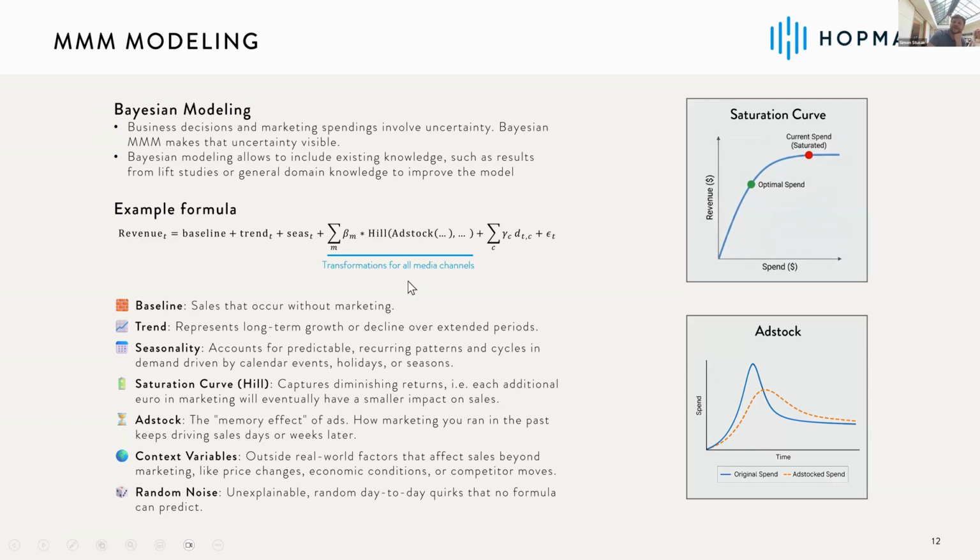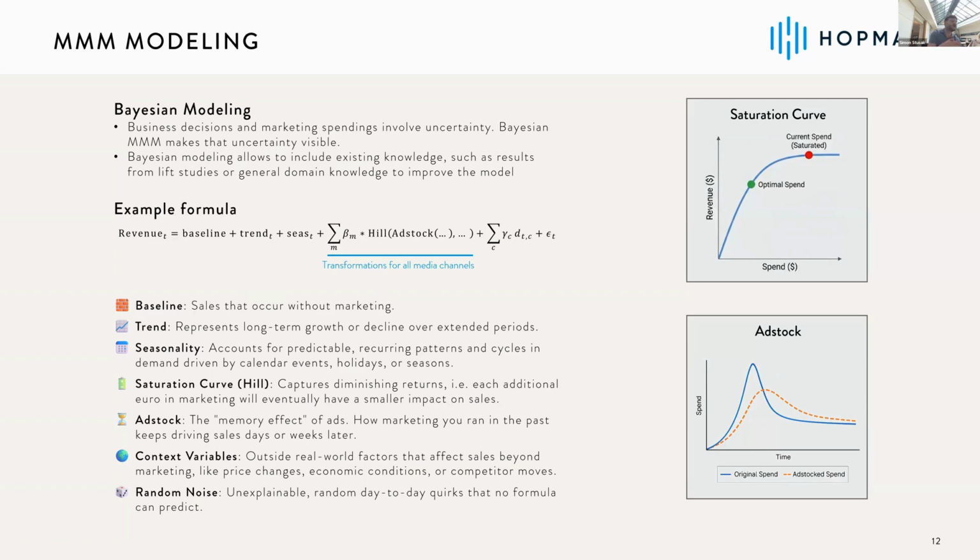What the model tries to do at the end is find the perfect values to get the revenue for T, meaning for every week in this case. The different components in this formula are the baseline, which just means all the sales that are independent from your marketing, more or less.